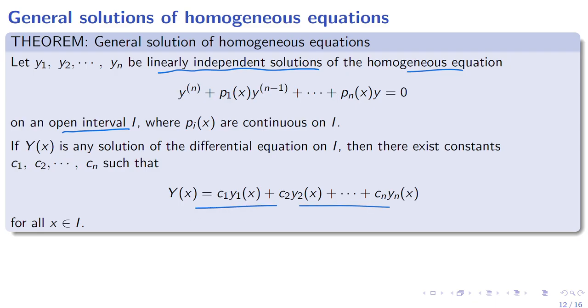So in other words, the general solution of an nth order ODE is a linear combination of n linearly independent solutions.